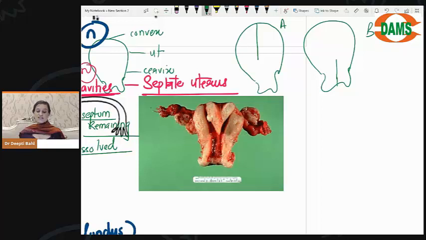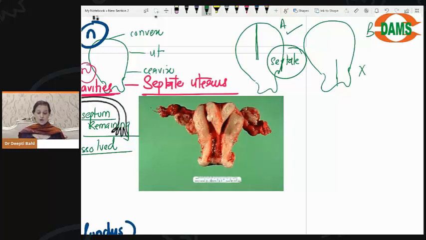Tell me, A or B. So please never ever draw a septate uterus like image B. The septate uterus doesn't start from below and hang in the center. You will have to draw it from the fundus coming downwards. The length of the septum can be variable. So it is A which is the correct form of septate uterus. Very good, you've all understood this.